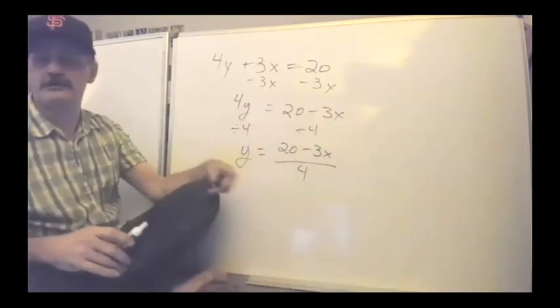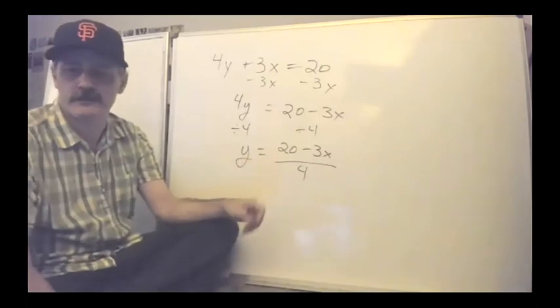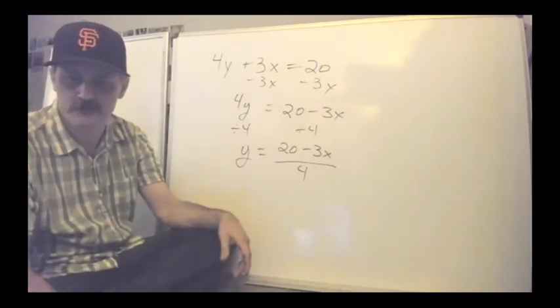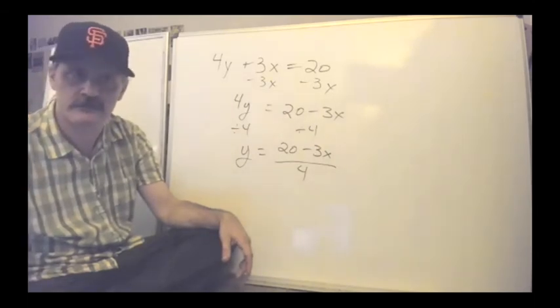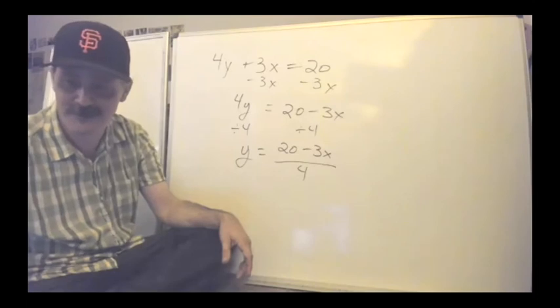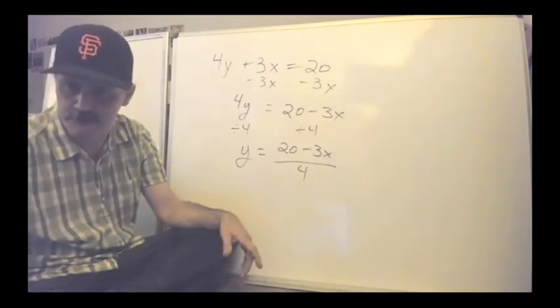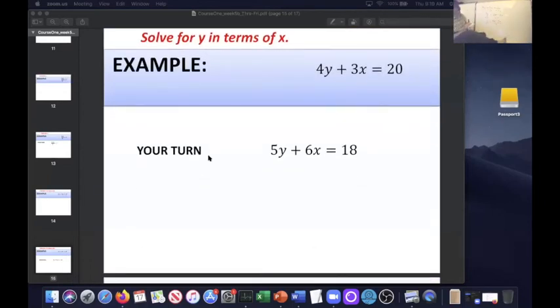Now, if you know how to do that, by all means, go for it. We won't worry about that until we get into chapter 4 stuff. Right now, we're still in chapter 2. I think we are, maybe. I've been jumping around a little bit. Okay, so here's one to do on your own.